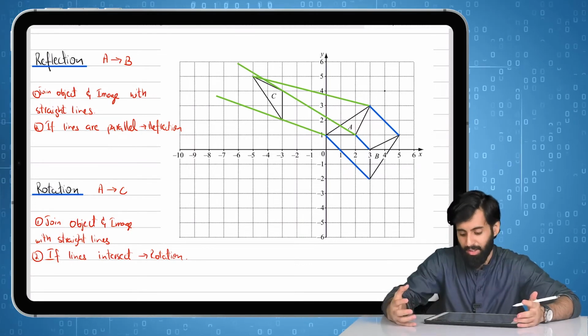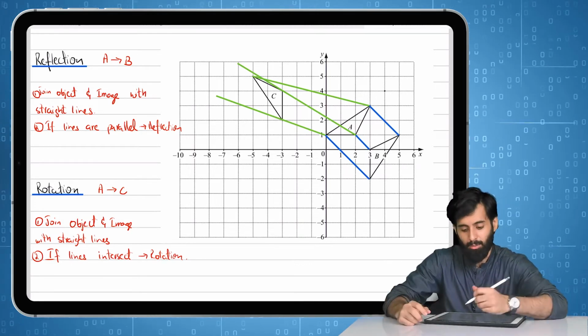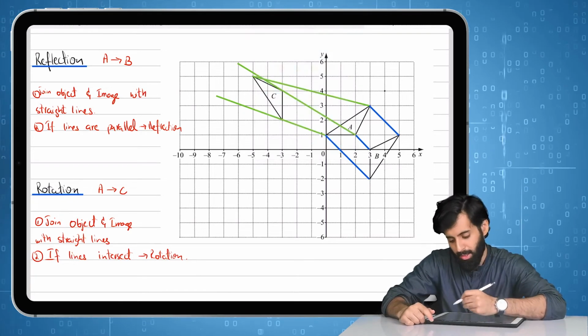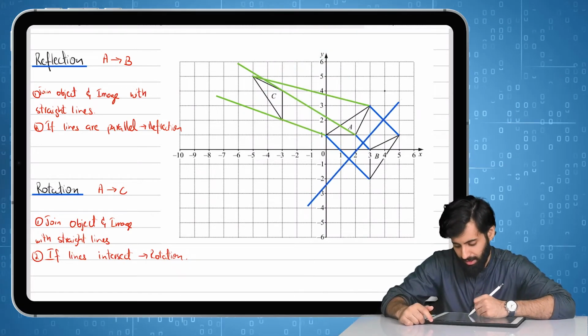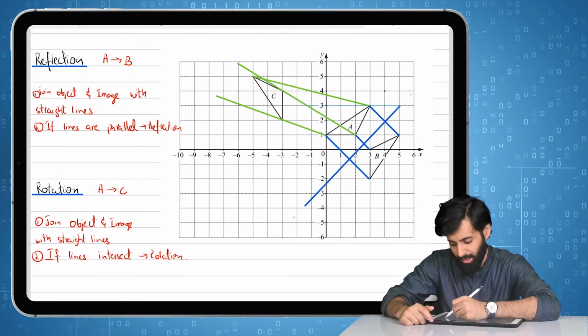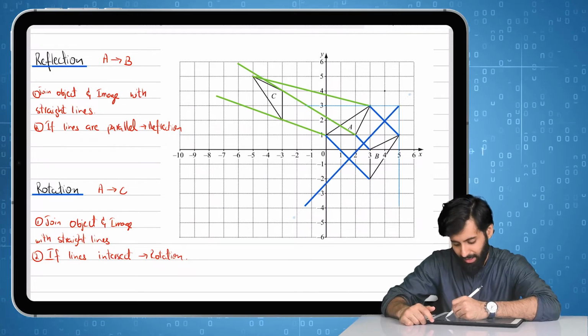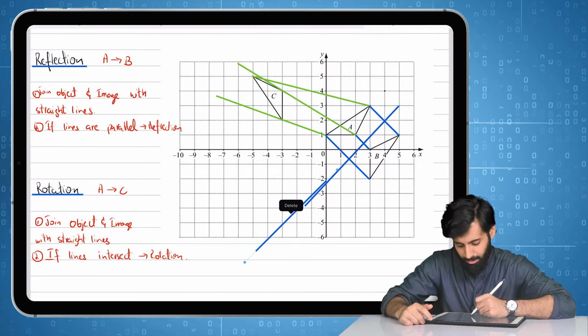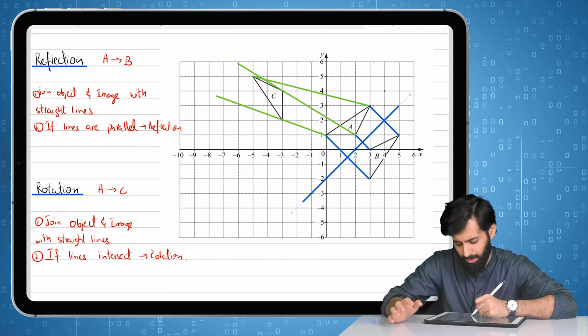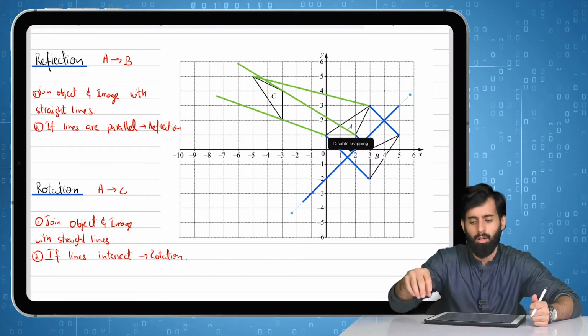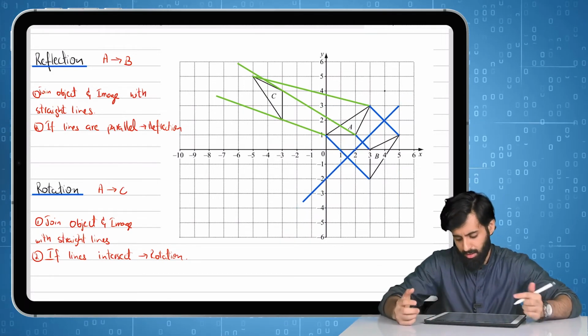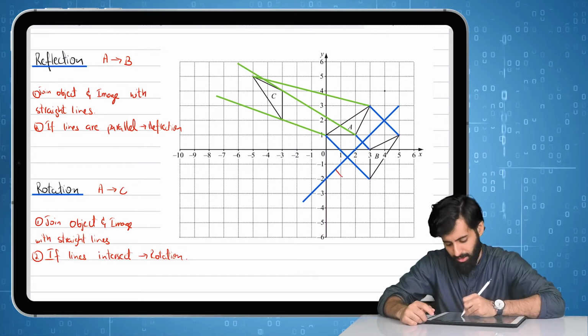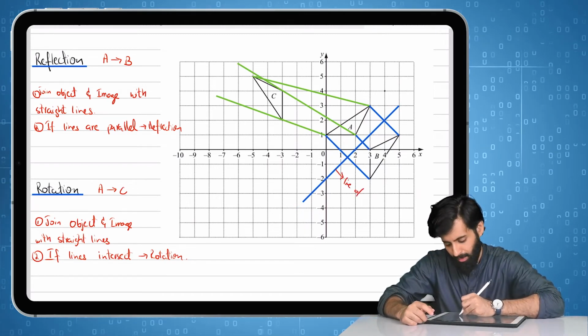And remember, with reflection, once you've identified it's a reflection, you've got to be able to find the line of reflection, and the line of reflection is basically obtained by connecting the midpoints of the object and the image, and this is what the line of reflection is going to be right here.